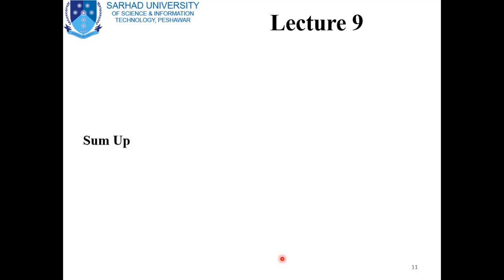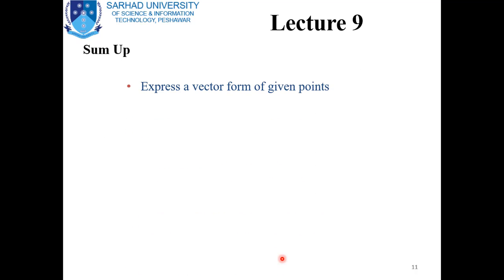So this is our lecture number 9, and I hope that you will understand this lecture. In this lecture we have solved some problems in which we write the vector form of a given point, and we have also multiplied vectors, the dot product of vectors or the cross product of vectors.